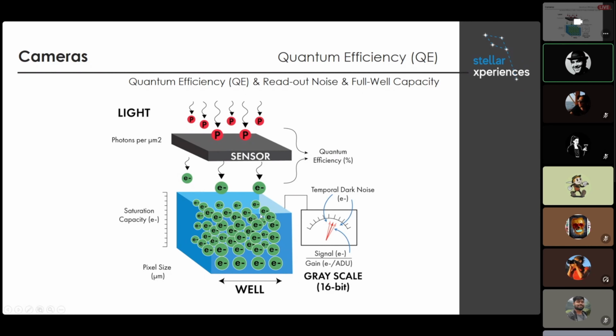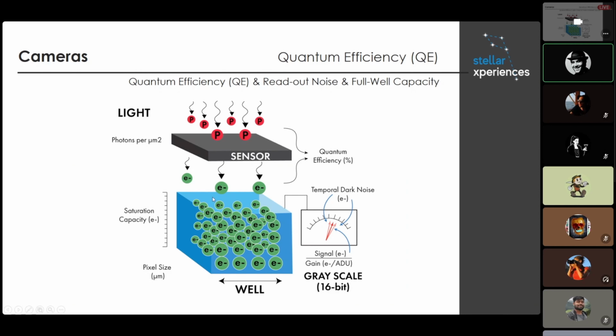As one part is being oversaturated, the other part will be undersaturated. So it's not possible to get details from the underexposed or overexposed areas. That's why we are looking for cameras which have more saturation capacity or full well depth.